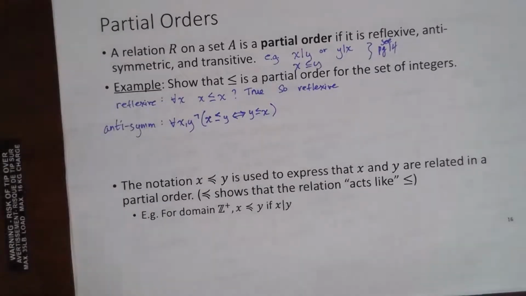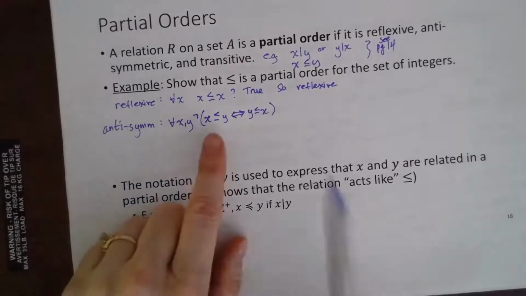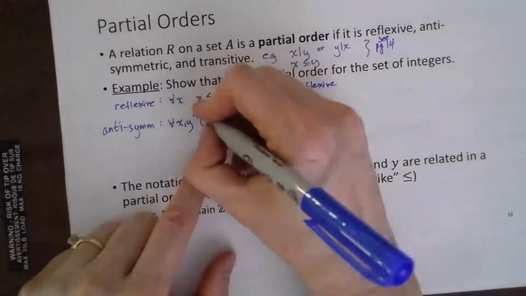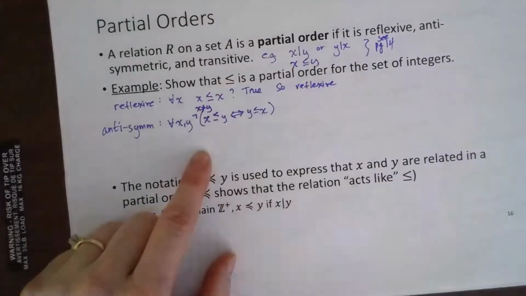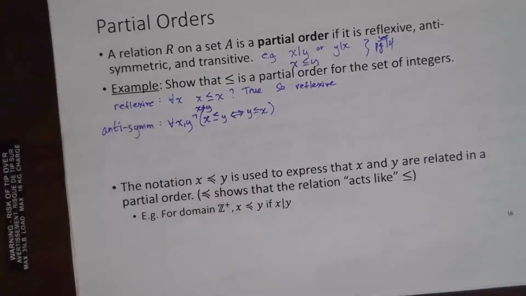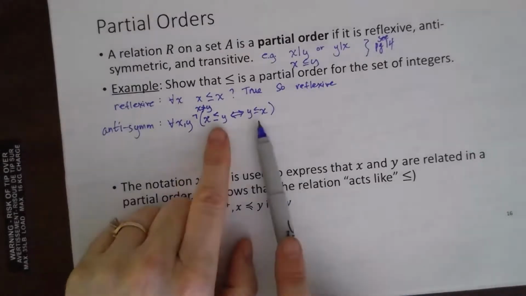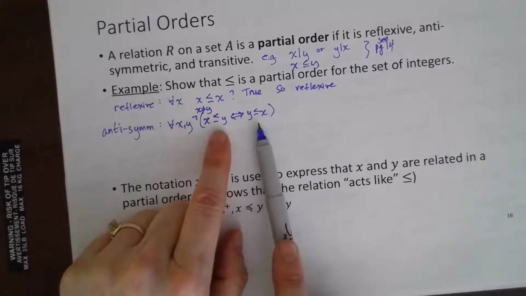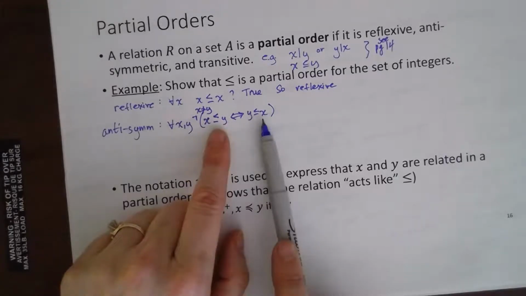There's three cases. Could I ever get both of these things to be true? Here x can't be equal to y for antisymmetric. So when x is not equal to y, can I ever have both of these be true at the same time, where x is less than or equal to y, and at the very same time, y is also less than or equal to x? That can never happen. So they can't be true at the same time.